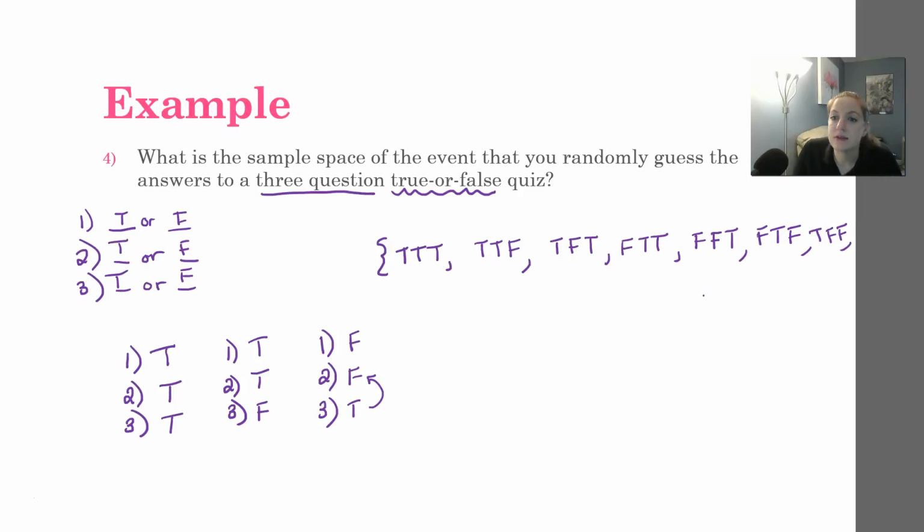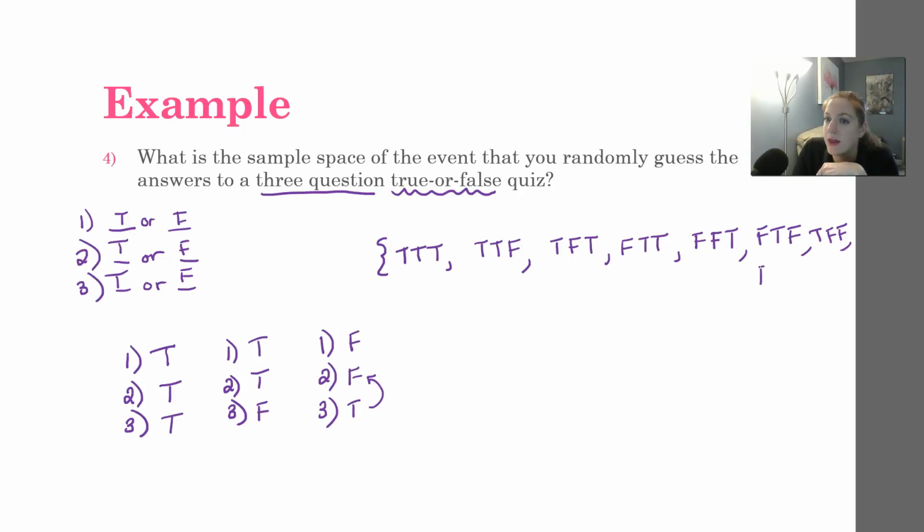Okay, so we do have 2 true, 1 false, and 1 false, 2 true, which is the same, 2 false, 1 true. What are we missing? We have 1 more. Can you think of what we're possibly missing?